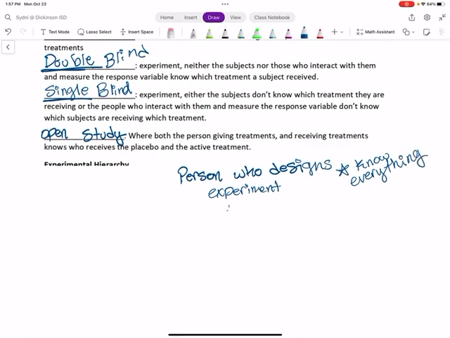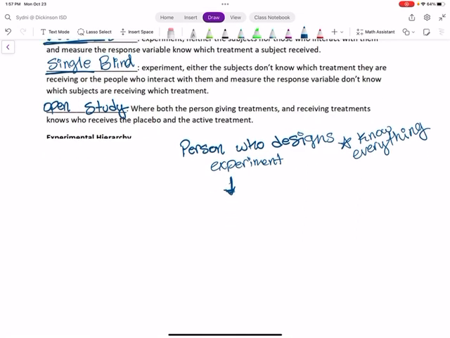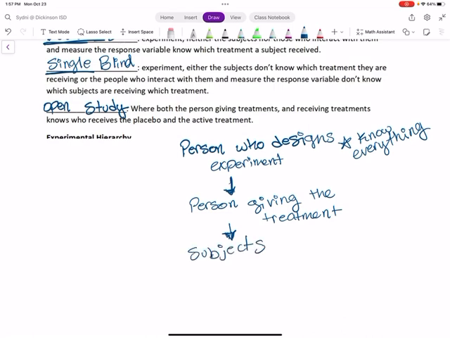From there, the person who knows everything is then going to tell the people who are going to be conducting the experiment. So they're going to tell the people in the white lab coats what they're doing. They're going to give information to the person giving the treatments. These people are kind of your middleman in your hierarchy. And then finally, last but not least, you have your subjects or your experimental units, depending on who your individuals are.